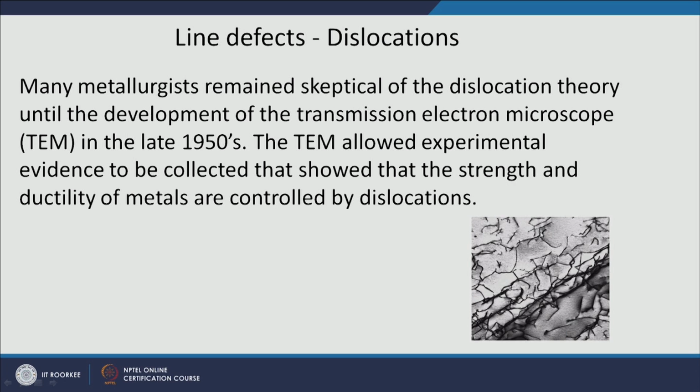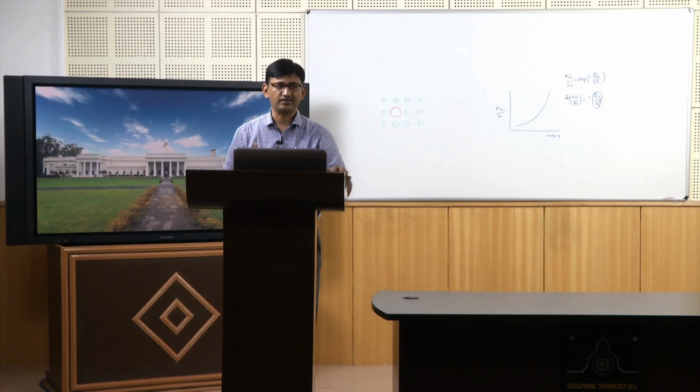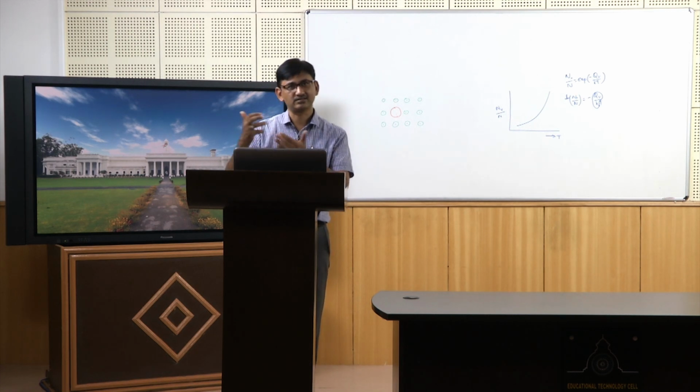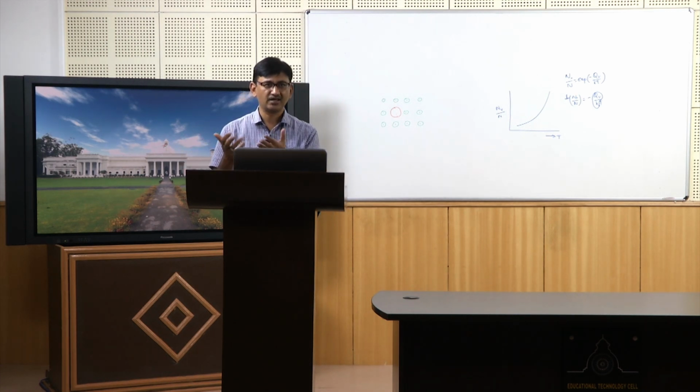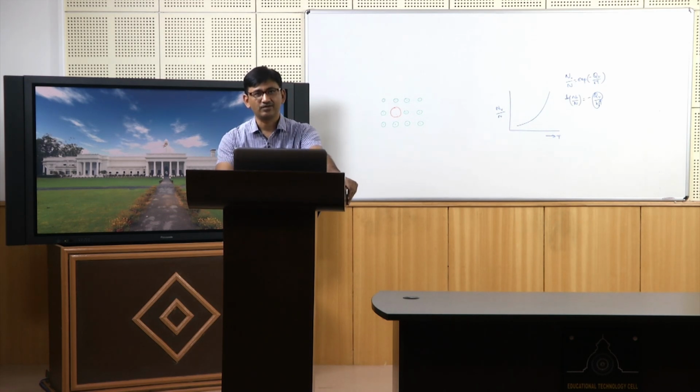These are all dislocations, and people did a lot of experiments. If you do a lot of deformation, this dislocation density increases; if you do annealing, this dislocation density goes down. So, by that they could understand that these dislocations are the main source or main driving vehicle for deformation, and that is what controls the strength and ductility of metals.